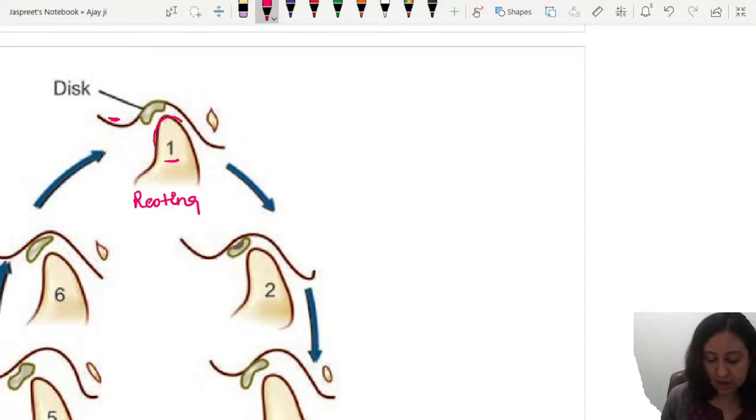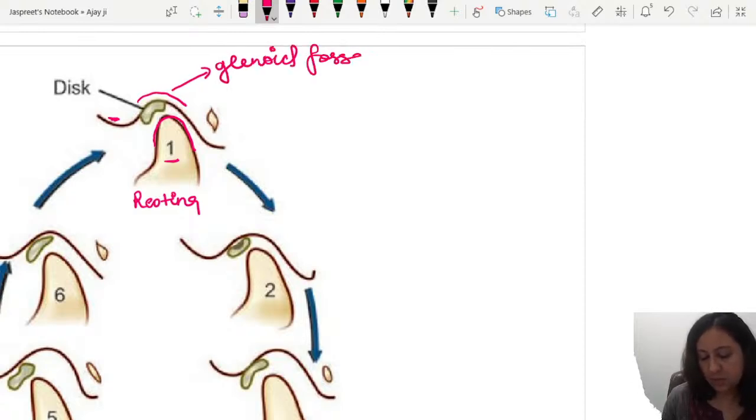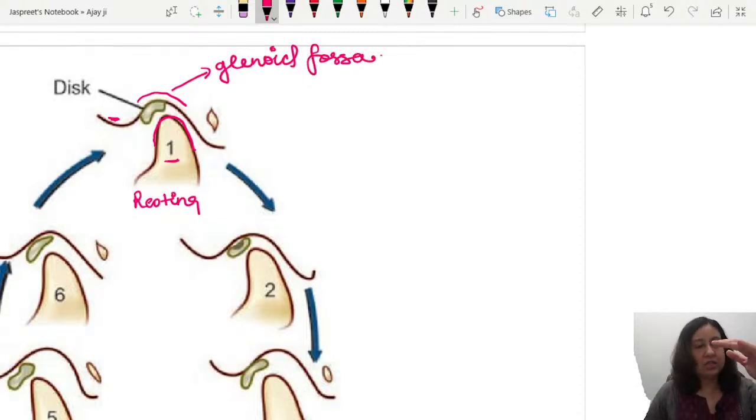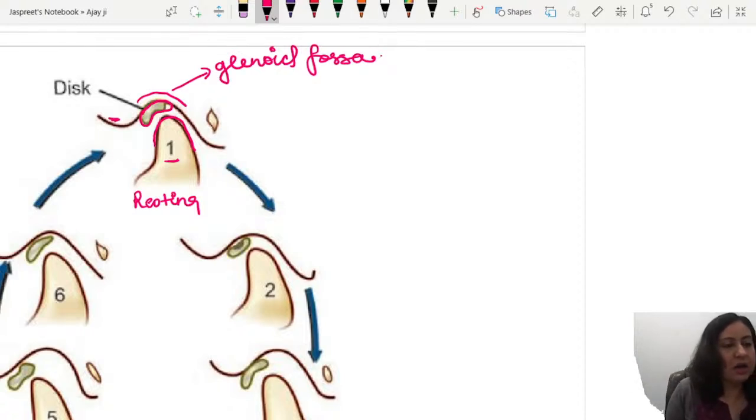This is the condyle head, and this is the glenoid fossa. So there is the glenoid fossa, there is a disc, and then there is the condyle. Now this is at rest. Just look at the relationship of the condyle and the disc. This is how the disc is present in relation to the condyle.